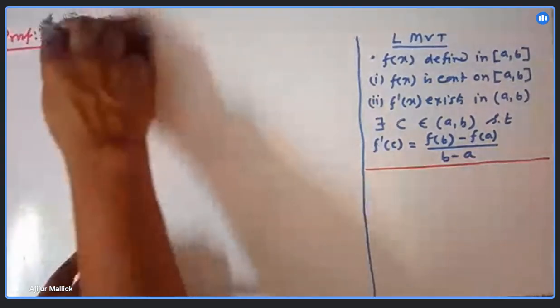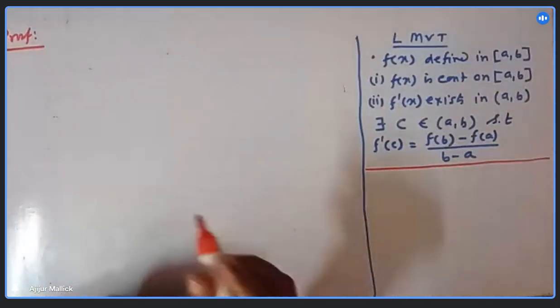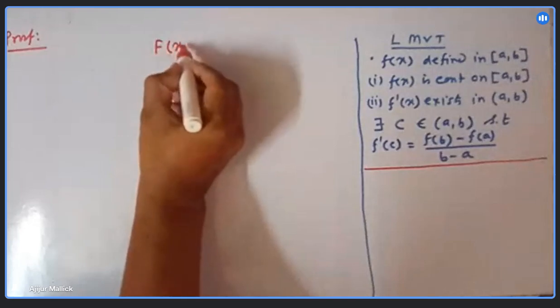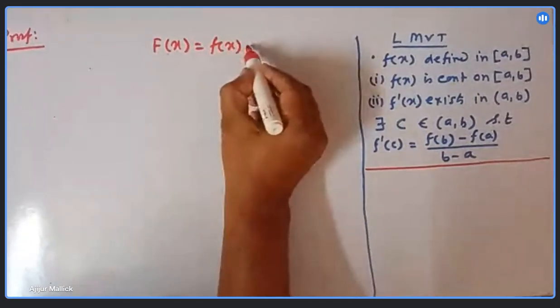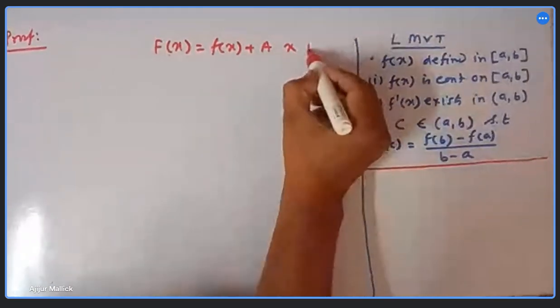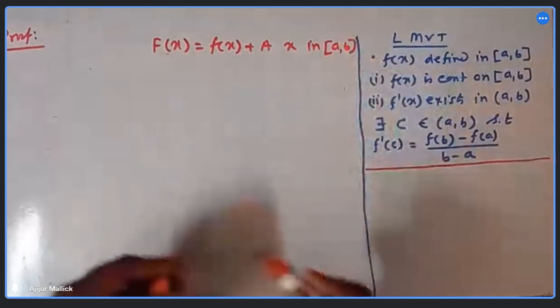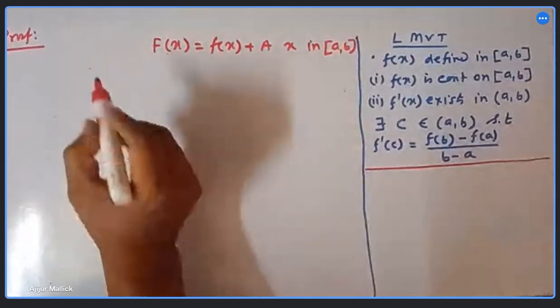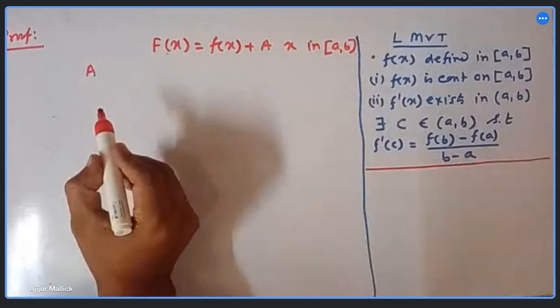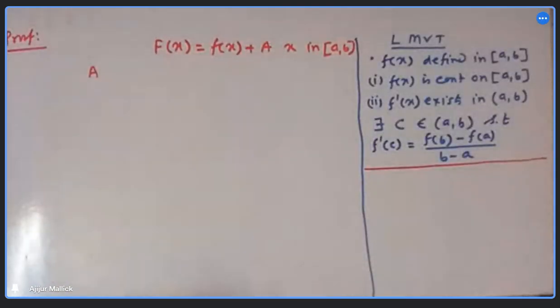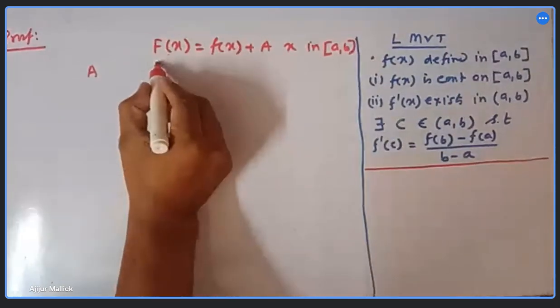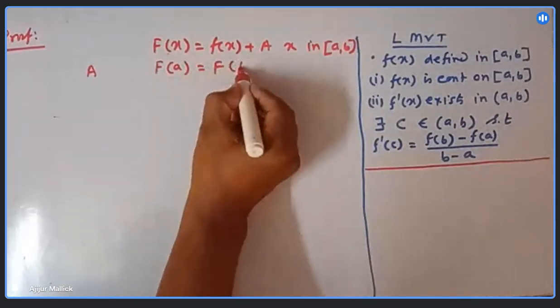Let us consider a function capital F(x) is equal to small f(x) plus A x in the closed interval [a, b], where capital A is a constant, and we shall determine capital A in such a way that F of a is equal to F of b.